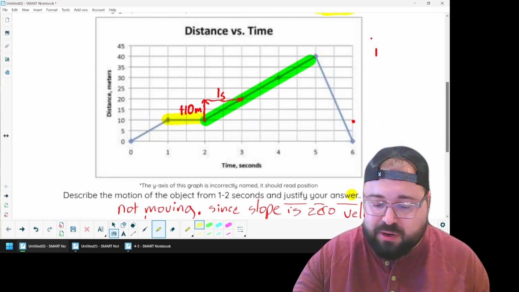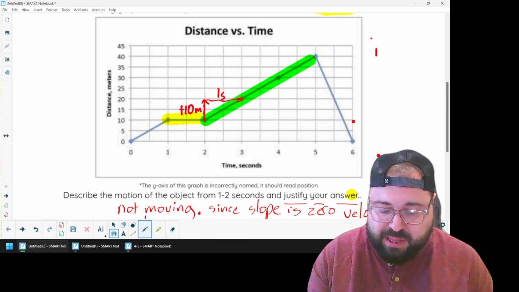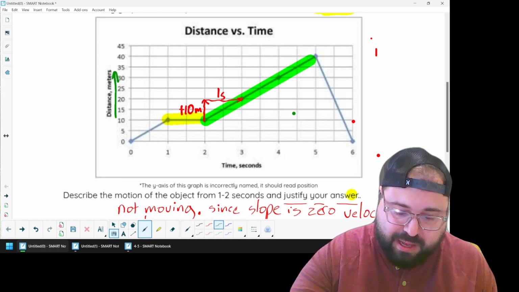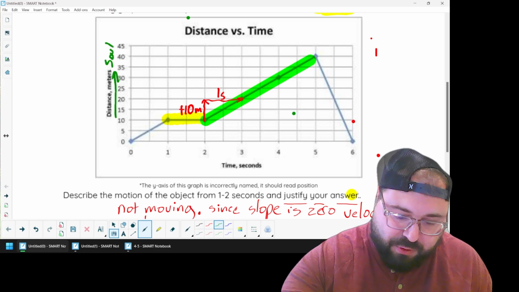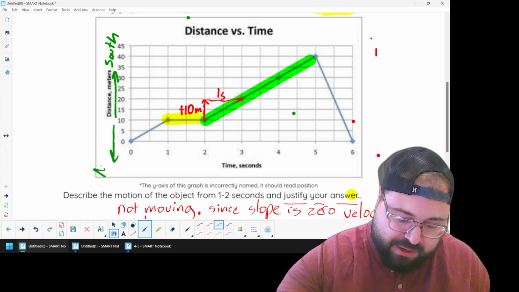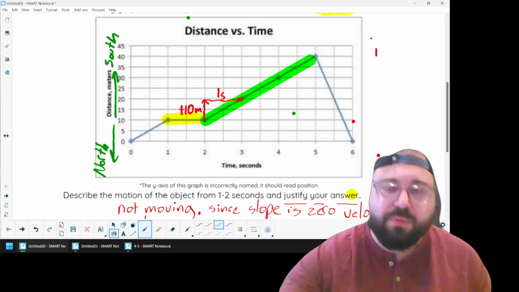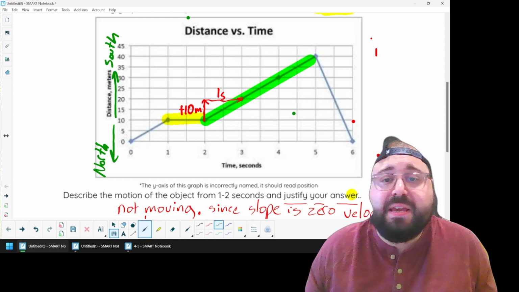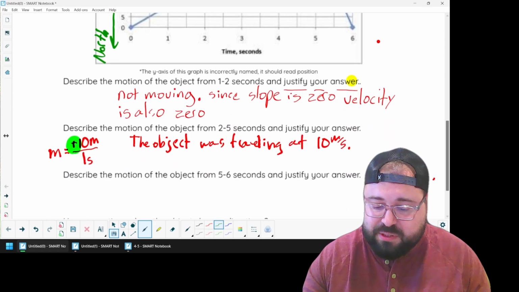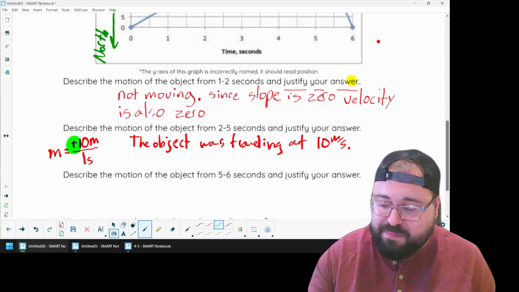If we assume this is like a number line, that means when we go this way along our number line, we are headed south. And if an object moves this way along the number line, we're headed north. So it's kind of backwards, but that's something we can do in physics. We can be backwards, it's fine, as long as we define it beforehand. So the object was traveling at 10 meters per second.